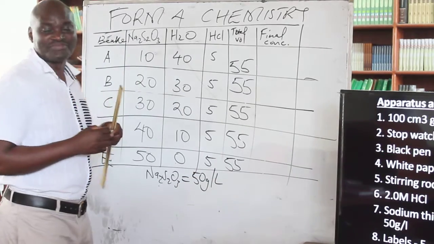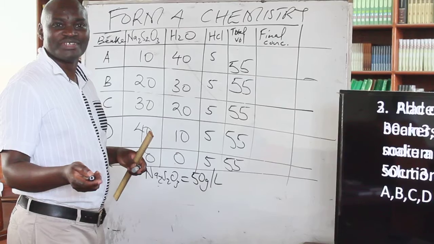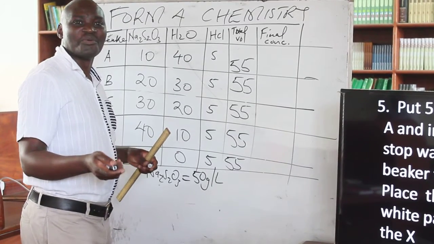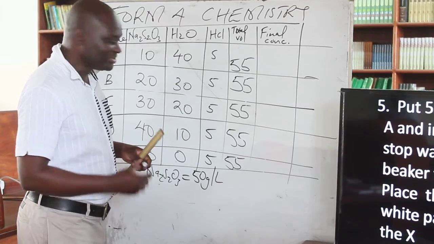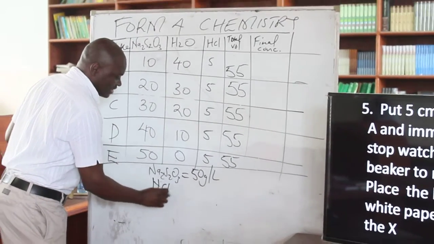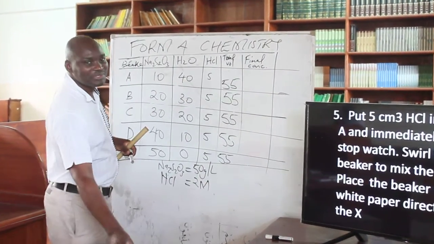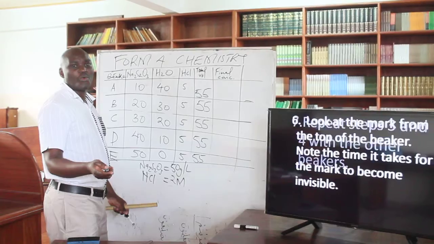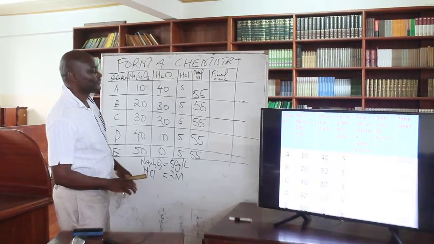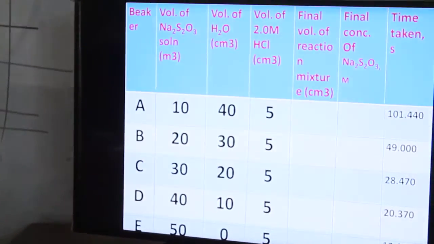The HCl was made using 2 molar. That is the information that we have. So we move back to our table.